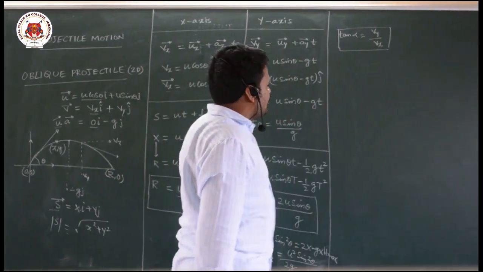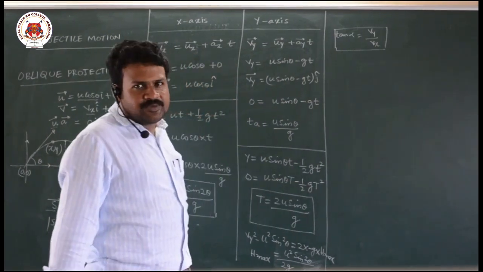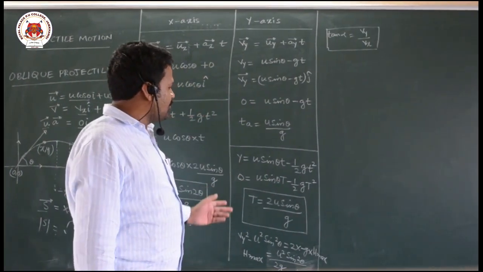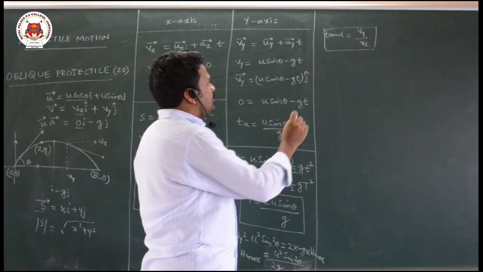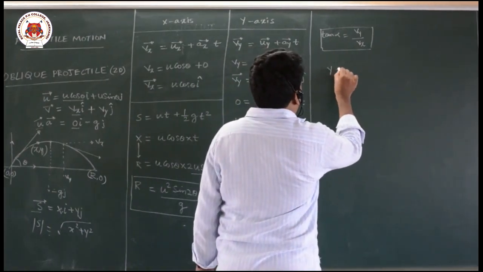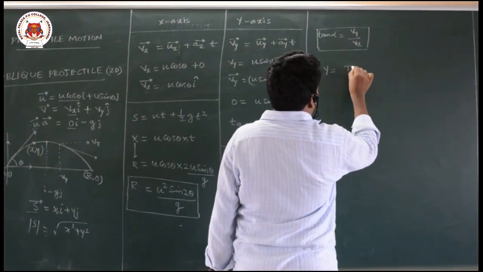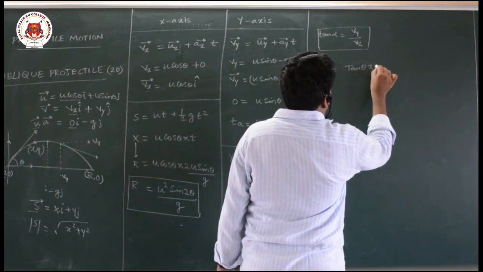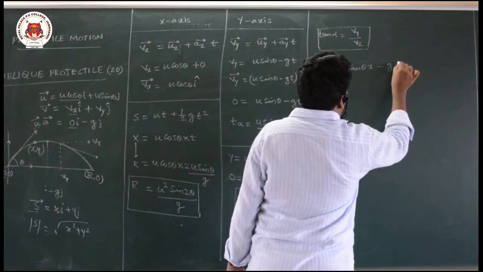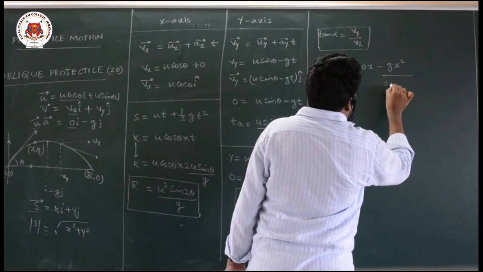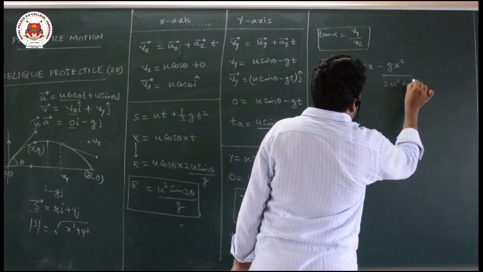And you have to prove that the trajectory of a projectile is a parabola in theory classes, but you have to remember that formula for a competitive exam. y is equal to tan theta x minus g x square by 2u square cos square theta.